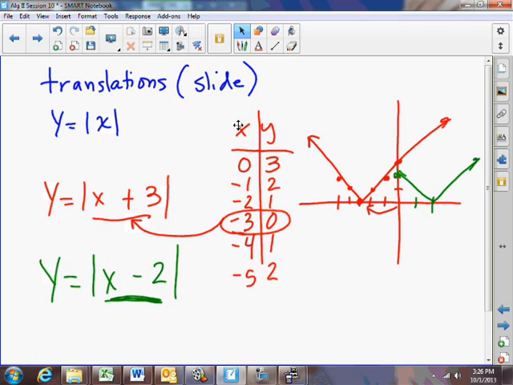So if you add or subtract something to x before you perform the function, that is a horizontal effect. It will slide the graph left or right, and it slides it opposite the direction you would expect. Another way of thinking about it, and I would recommend that you meditate on this, is it slides it to the 0 of the quantity that's inside the absolute value.